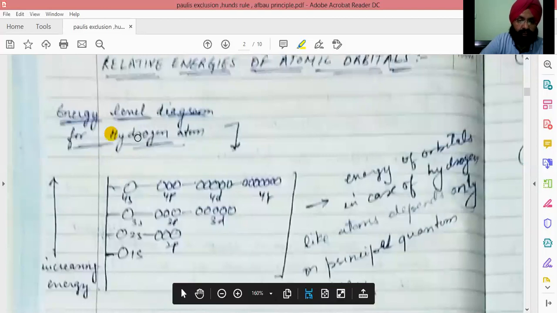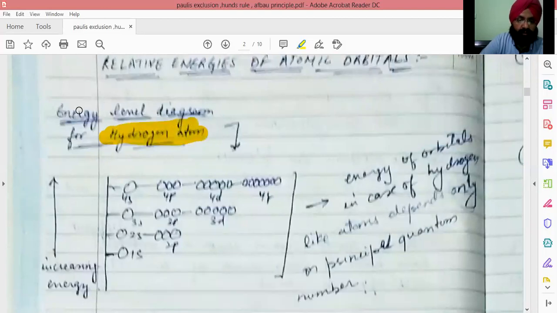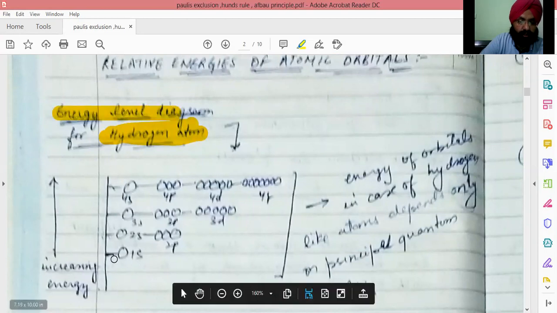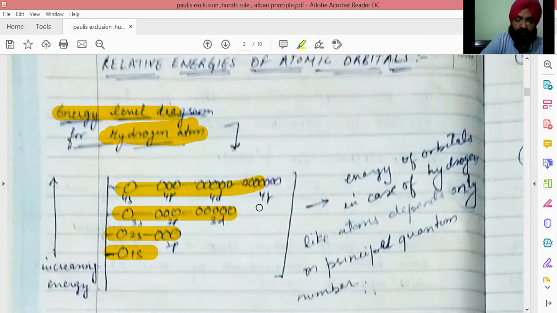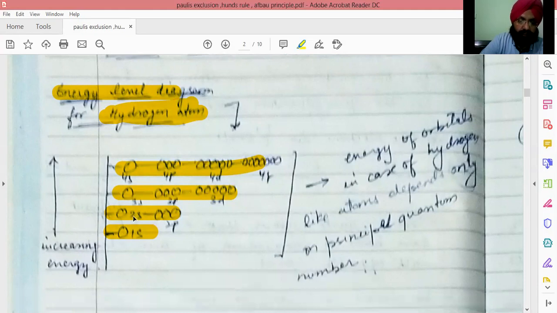Now for the hydrogen atom, the energy level diagram shows the energy increases as the principal shell increases. So 1s has lower energy, then 2s and 2p, then 3s, 3p and 3d, then 4s, 4p, 4d and 4f. 1s and 2s have different energies, 2s and 2p differ slightly, then 3s has more energy than 2s.